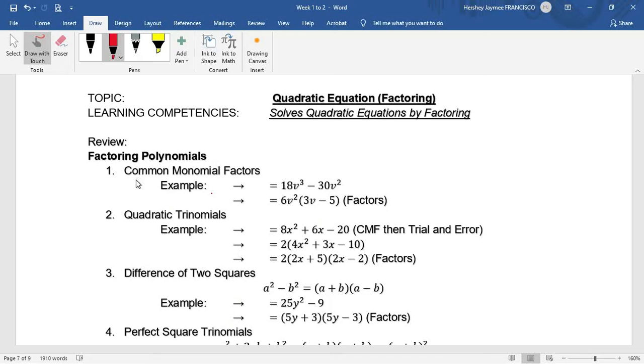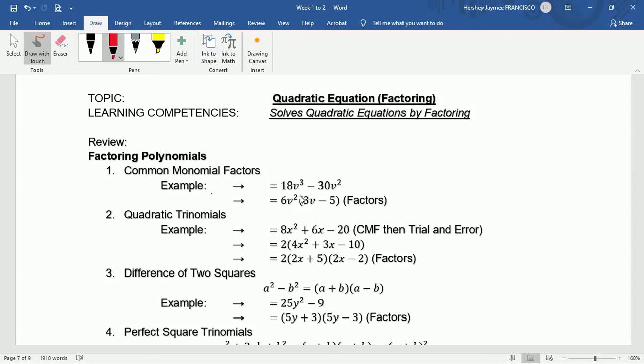Okay? So first, I have here the common monomial factor. If we are going to use common monomial factor, example dito, I have here 18v cubed minus 30v squared. You have to get yung common monomial factor ng dalawang terms na ito, which is 6v squared. And then, ilalabas mo siya as its common monomial factor.